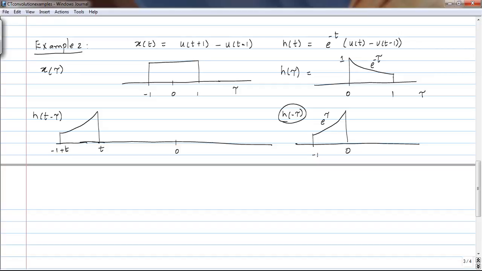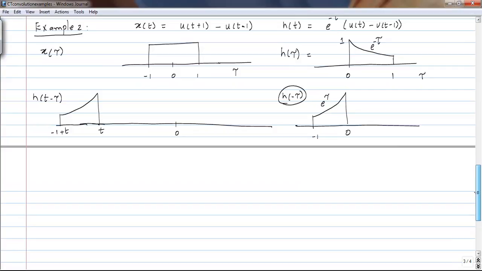So this is h of t minus tau for large negative values of t. Now when I try to form the intermediate signal w sub t of tau, I'll be multiplying these two things together and you're going to get 0, right? And suppose I start to increase the value of t.